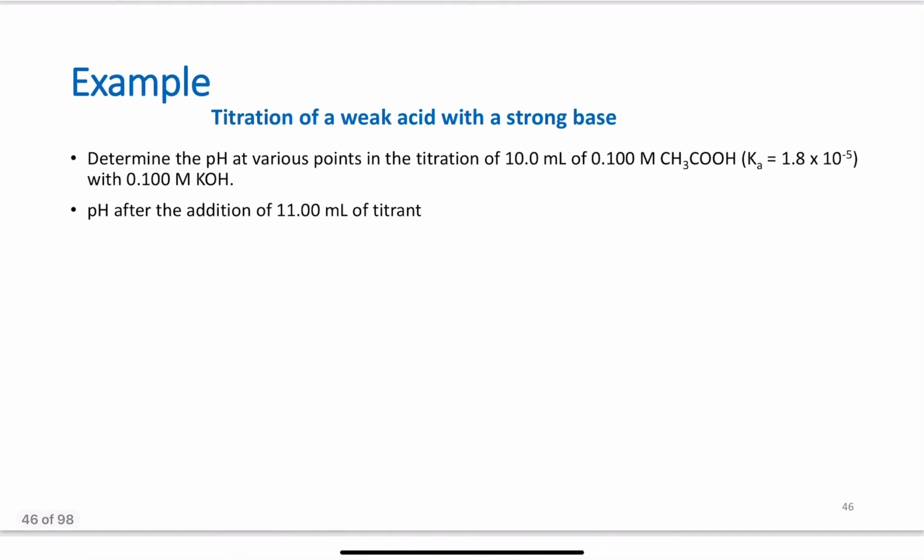What is the pH after the addition of 11 mils of titrant? So at 11 mils, that's the same as 0.01100 liters times 0.100 molar, 1.10 times 10 to the minus 3rd moles of KOH.